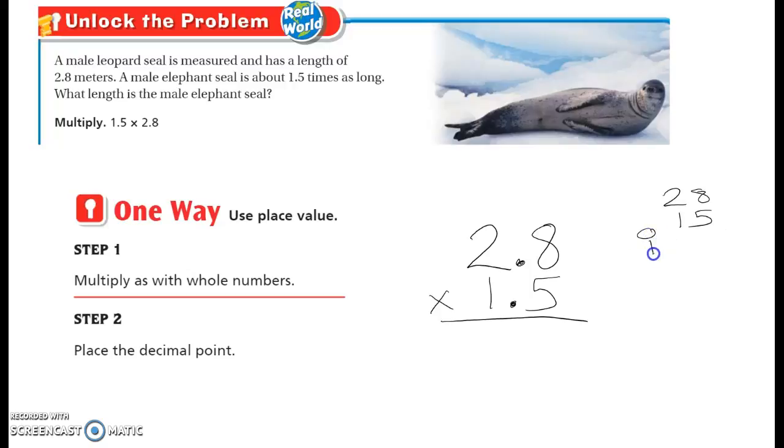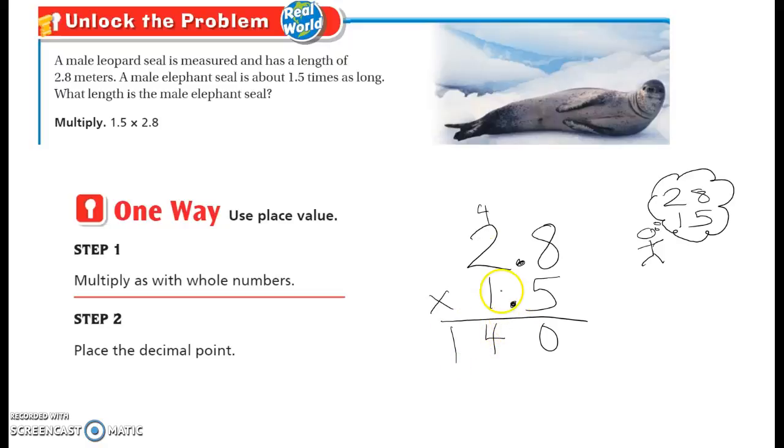I'm thinking it would be easier to do this as just a regular whole number problem. So 5 times 8 is 40. 5 times 2 is 10, plus 4 is 14.